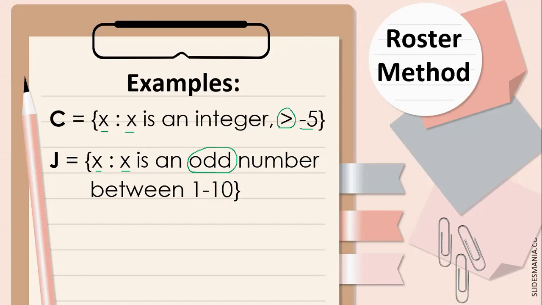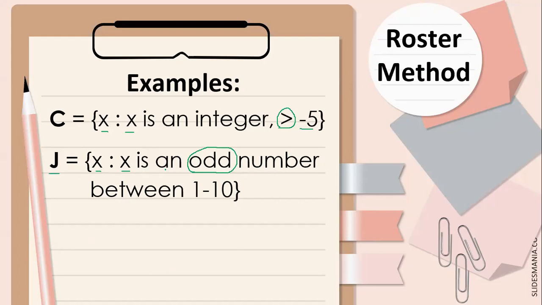Kapag odd numbers, hindi siya divisible by 2. Diba? Ano kaya yung kabaliktaran ng odd number? Even numbers. Very good. Kung yung odd number hindi divisible by 2, we have even numbers that is divisible by 2. Okay? So again, set J is an example of roster method.